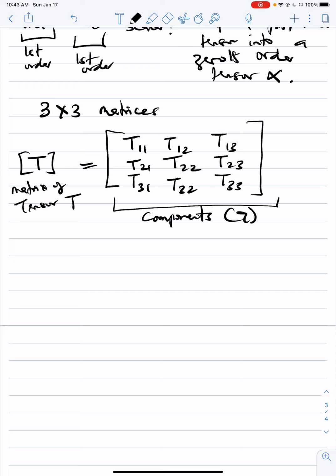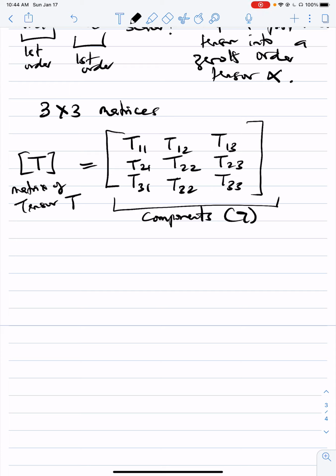Now, these components, if you remember what I said in a previous video, relate to vectors. A vector itself does not change, irrespective of the base vectors. It's invariant, but its components will change, right? Now, the components of a tensor depend on the base vectors used to describe the components.